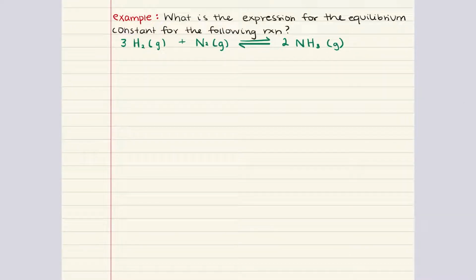This problem asks, what is the expression for the equilibrium constant for the following reaction? We have 3 moles of hydrogen gas reacting with 1 mole of nitrogen gas to give us 2 moles of ammonia. Now, before we tackle this problem, there's an important point I want to make here.